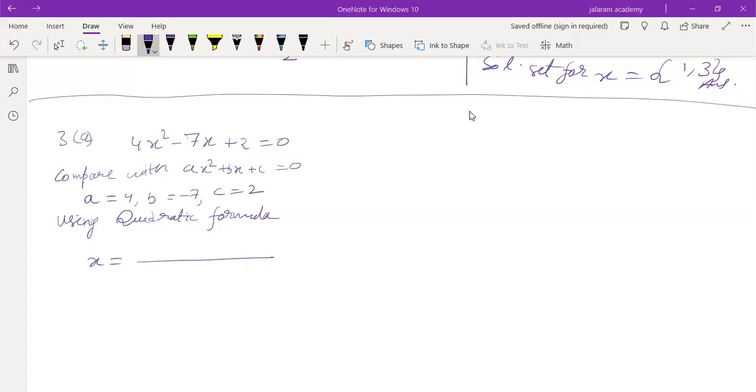X is equal to minus b plus minus under root of b square minus 4ac upon 2a. So the first thing to learn anything about math is to learn it properly. Then to think whether it will be used in our practical life.